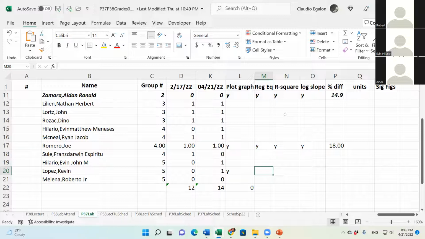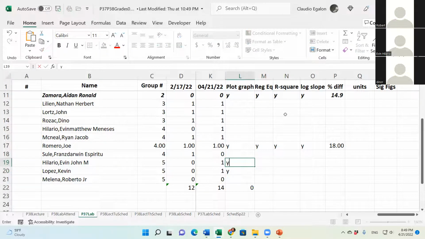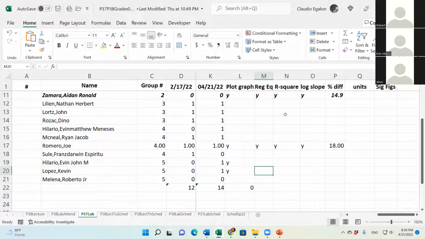Okay, make sure you get the regression equation so you'll be able to get the slope. Regression equation and the R square, right? Yeah, okay. And that'll be for me and Evan as well. Okay, you and Evan, right? Yes. Roberto didn't come.